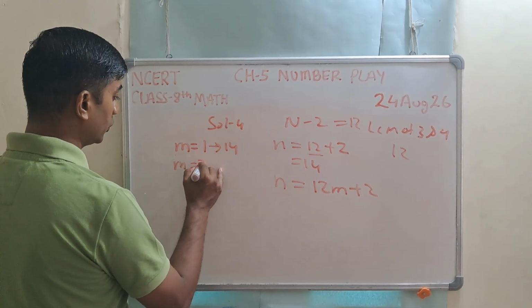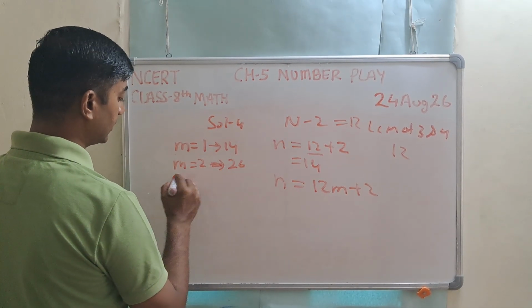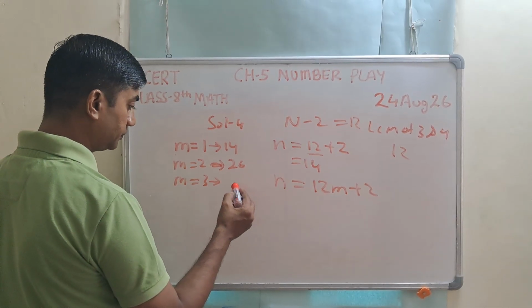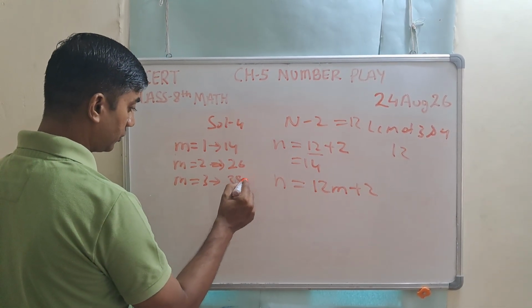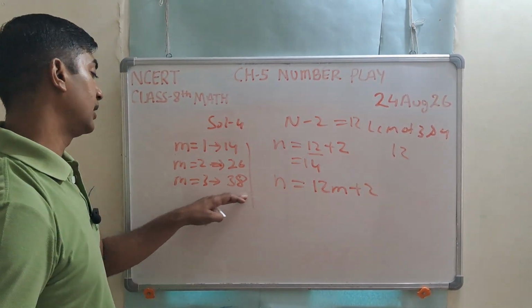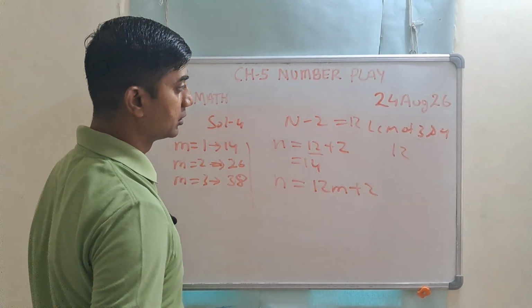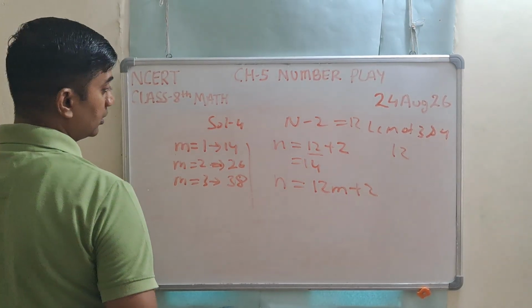If m is equal to 2, the result will be 26. If m is equal to 3, the result will be 38, and so on. Understood? So these are the numbers. When we divide by 3, we get the remainder 2, and when we divide by 4, we get the remainder 2. Understood? Which is the required condition of our question.